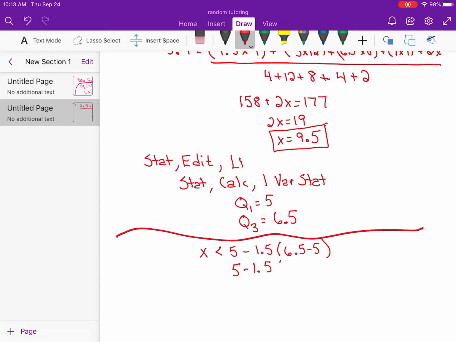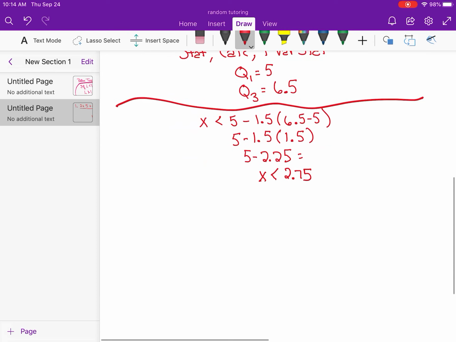So 1.5 times 1.5 is 2.25, which I knew. And then just subtract that from 5. So x would basically have to be less than 2.75. And nothing in our data is less than 2.75.